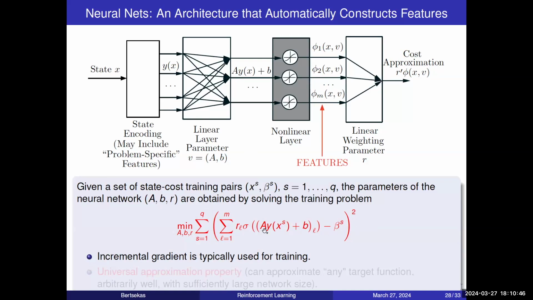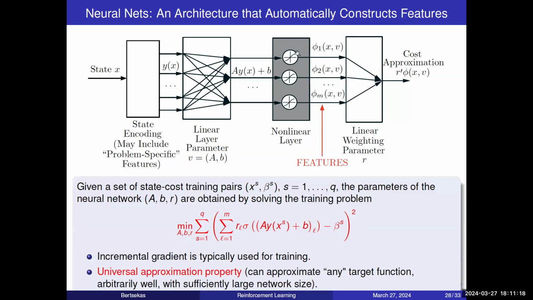So for this problem, incremental gradient is typically used for training. And what is ideal is that theoretically, there is a universal approximation property that states a neural network, even with one single layer, can approximate any target function arbitrarily well with a sufficiently large neural network size.